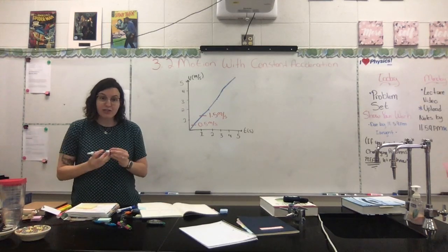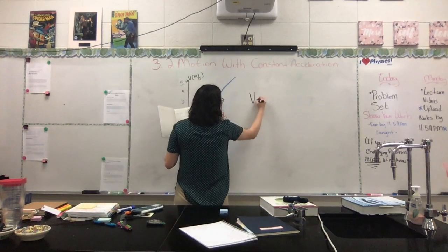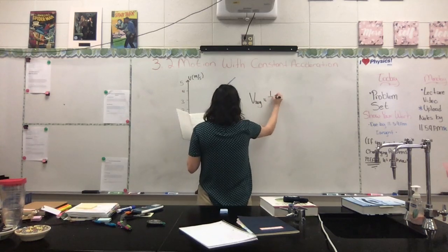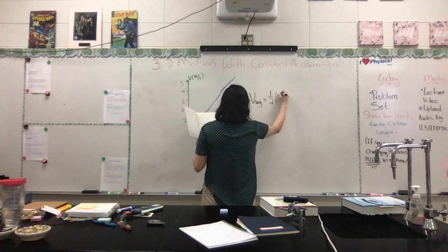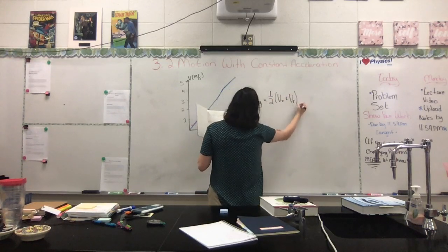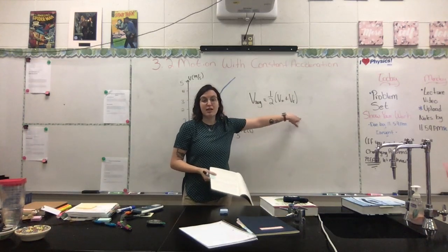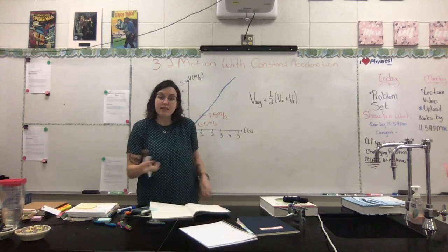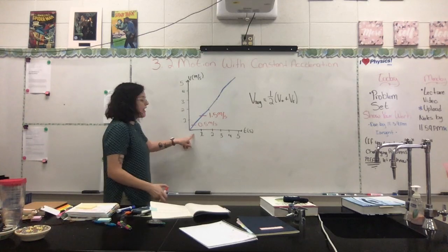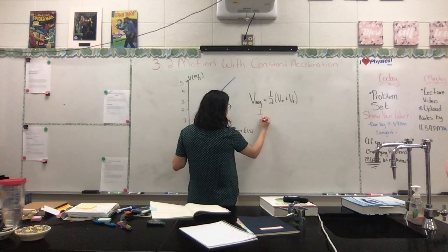Our equation for average velocity is v average equals 1/2 (v naught plus v final). So our average velocity is equal to 1/2 of our initial velocity plus our final velocity. Let's plug in this information and see if we get the right answer. Let's start by looking at 0.5 seconds.